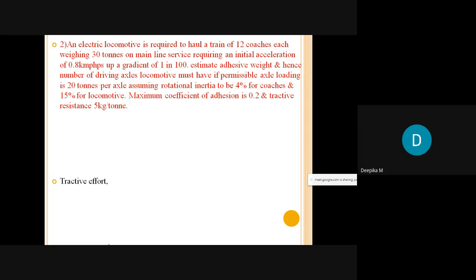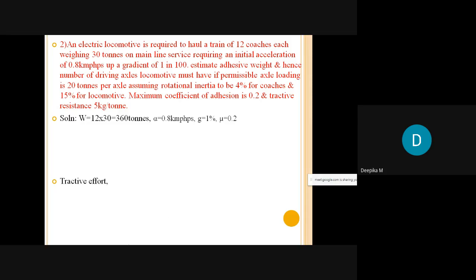So we have to calculate the adhesive weight of the overall system, and we also have to calculate how many driving axles are required for the locomotive, and the permissible limit is 20 tons per axle. The rotational inertia and the coefficient of adhesion are also given. So let us move on to the problem.